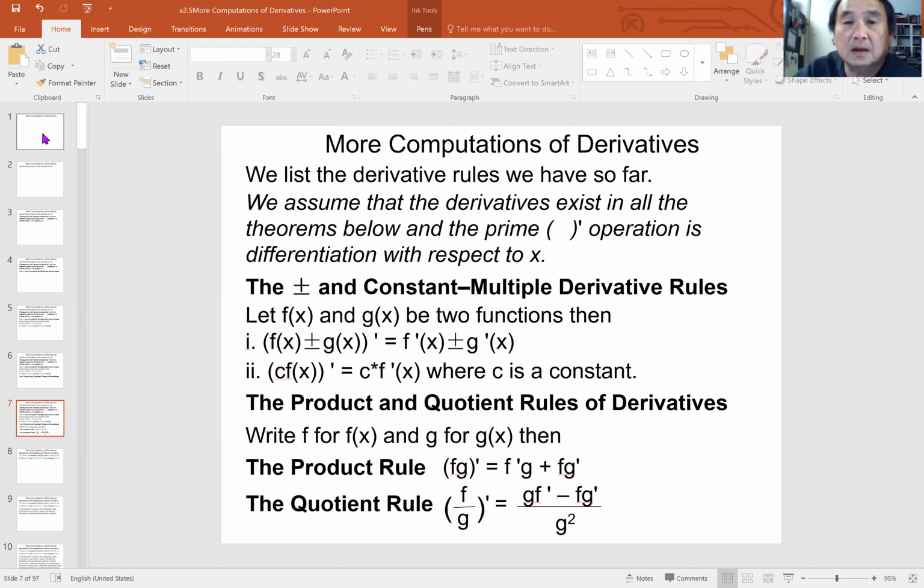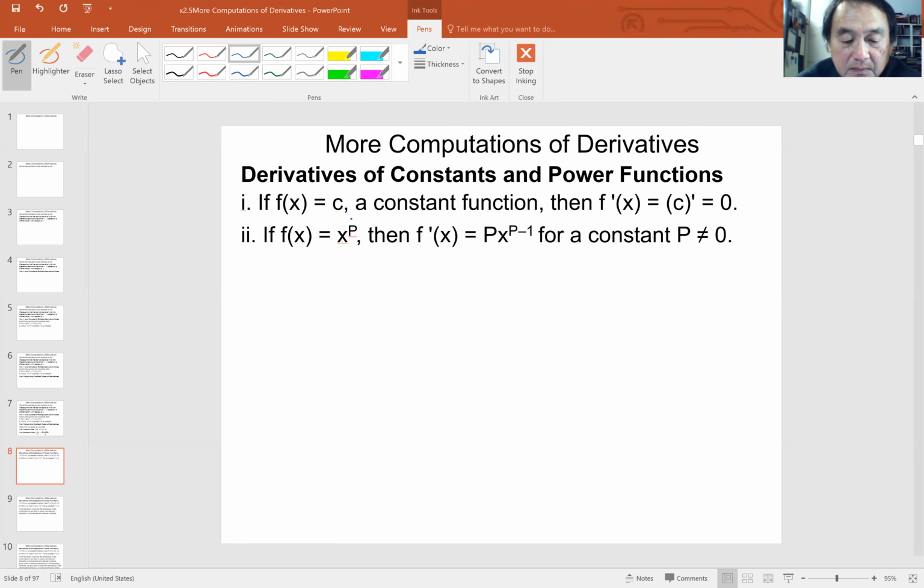In particular, we have the following formulas for derivatives. For the constant function, the derivative is 0. For the power function, x to some power p, the rule is that the power p comes down to the front, and then you take one away from the power.